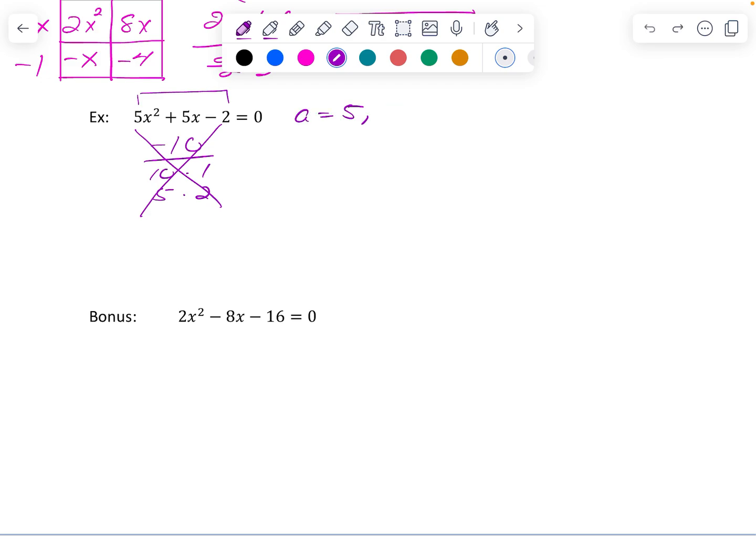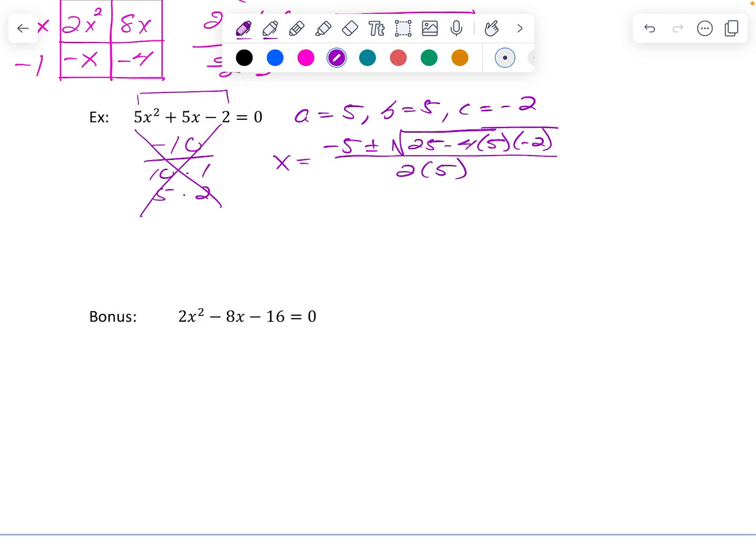B equals 5, C equals -2. And we'll probably get an answer with a square root since it did not factor. So x equals opposite of b plus or minus the square root of b squared minus 4ac, all over 2a.